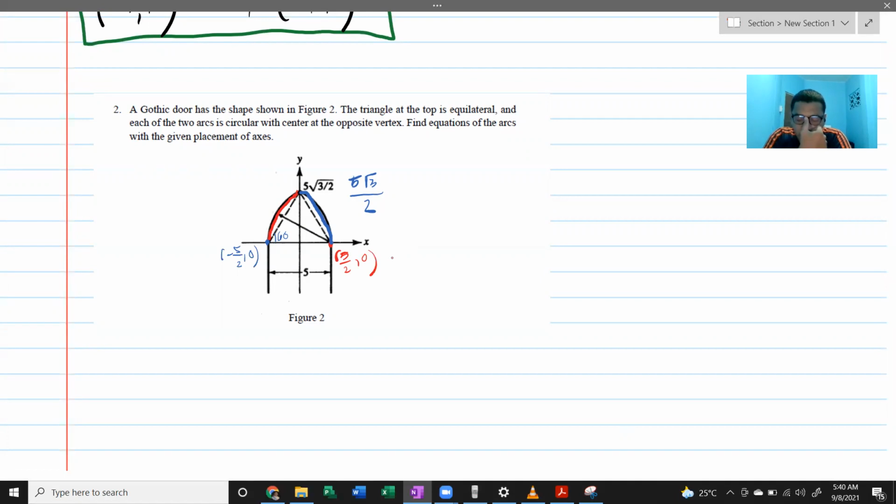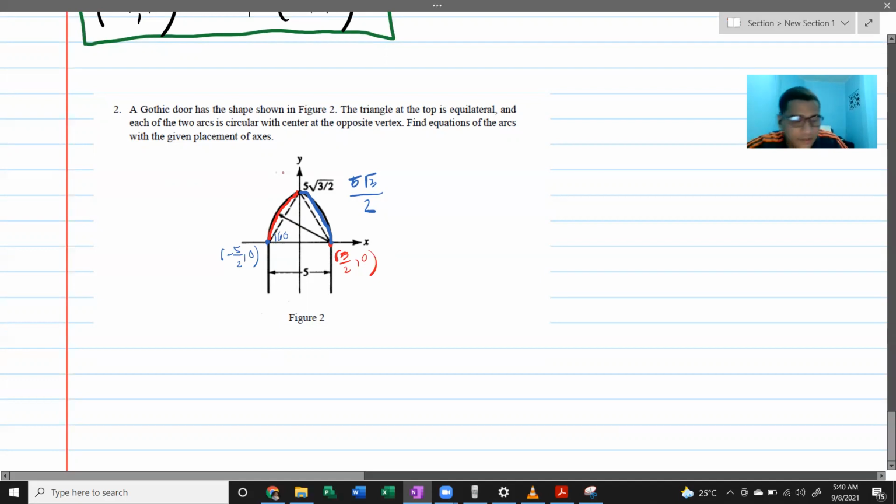Okay, now that we know the center, how about the radius? Well, from the definition of a circle, it is a locus of points that has a fixed distance from a center, and that fixed distance is the radius. Going back to this figure, we can see that the distance from the center to this point, and likewise from the center to this point, is 5.